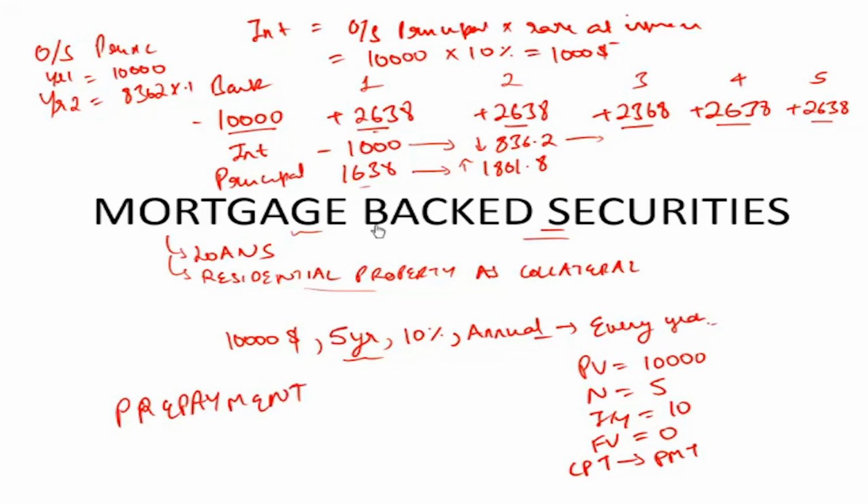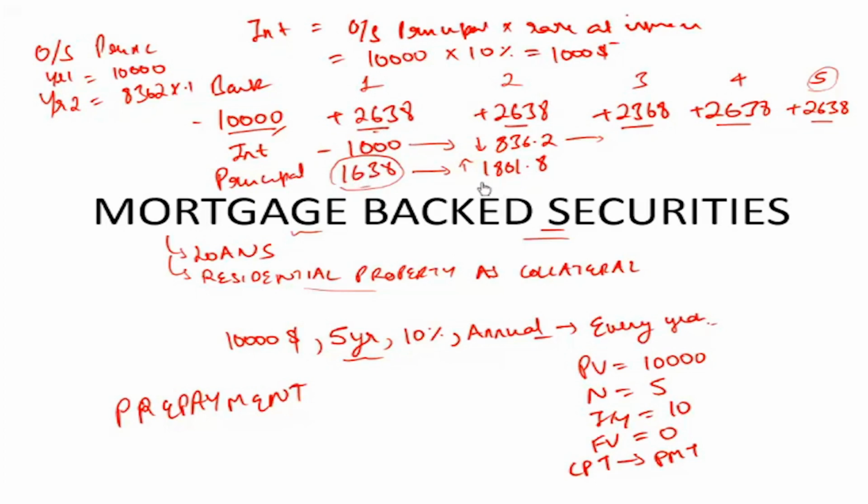So if the borrower so desires, or if the homeowner so desires, he can retire this loan before the end of 5 years. That is, instead of repaying only $1,638 of principal at the end of the first year, he can choose to pay back more.